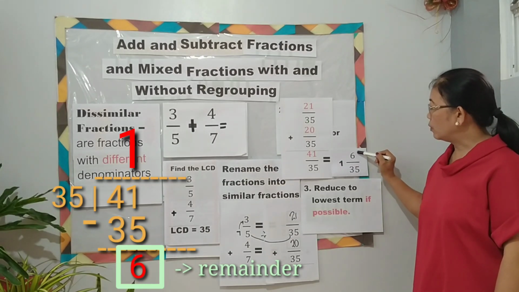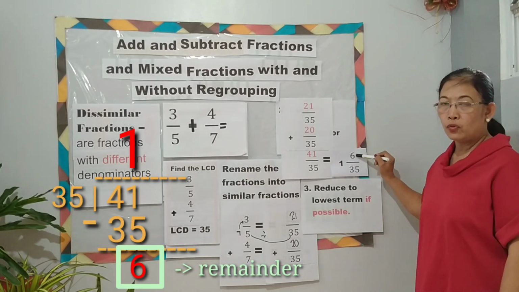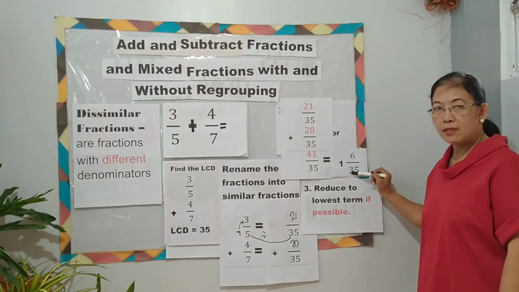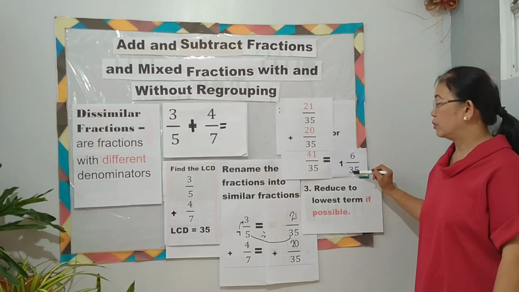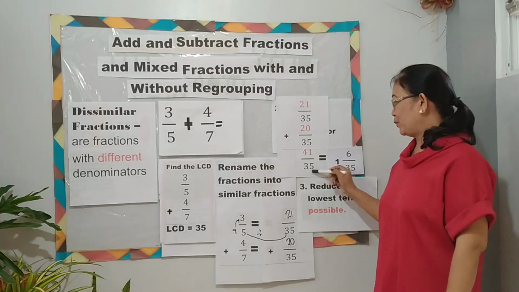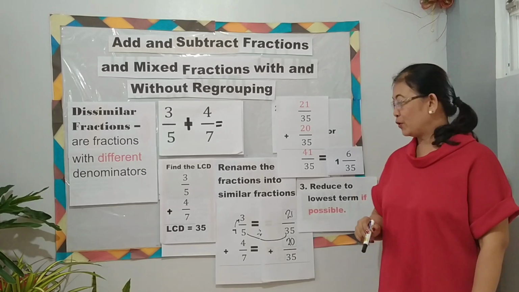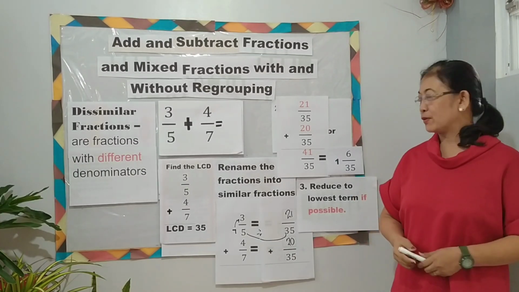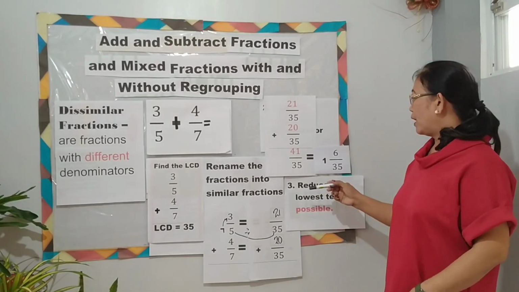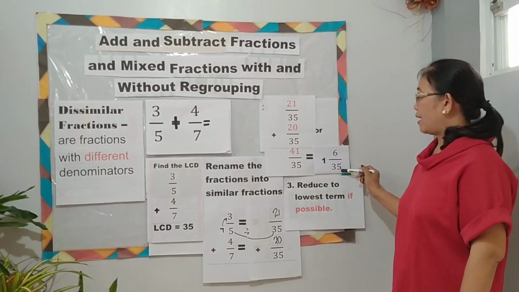So the remainder will be used as our new numerator, and you still have to copy the same denominator. So therefore, if you reduce 41 over 35 to lowest term, this will give you an answer of 1 and 6 over 35.